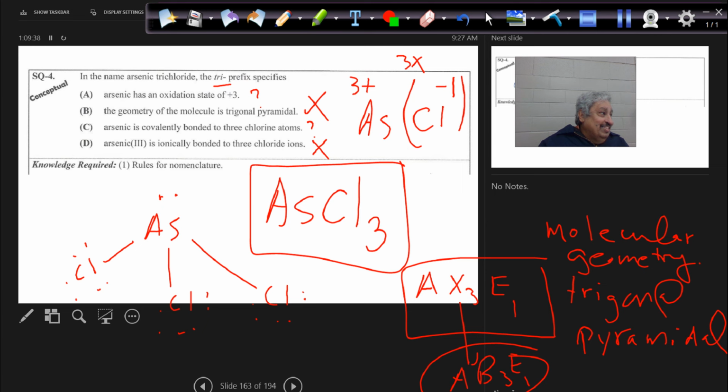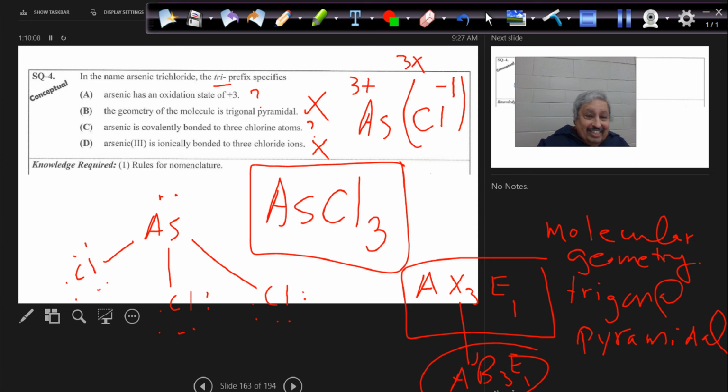Come on, guys. You go A, and how many for C? C and A. How about the rest of the class? Well, the oxidation number of arsenic is correct, 3. But does it say tri, meaning the prefix tri?